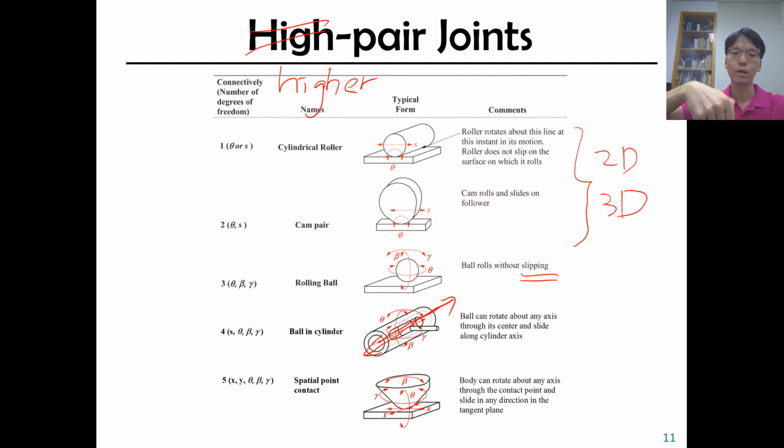But the only constraint in this joint is that you always need to maintain contact between these 2 components. You cannot leave my fist out of this surface. They must always be in contact. So this one has 5 degrees of freedom.